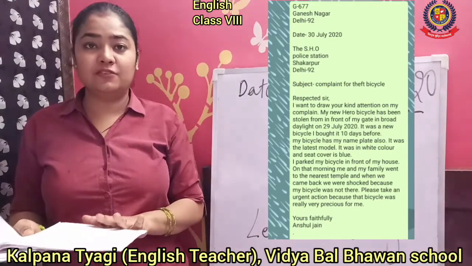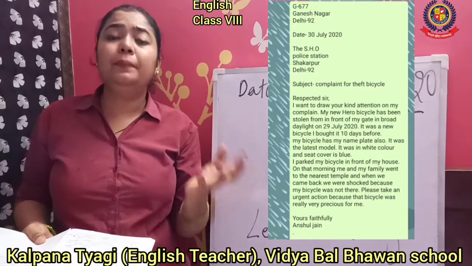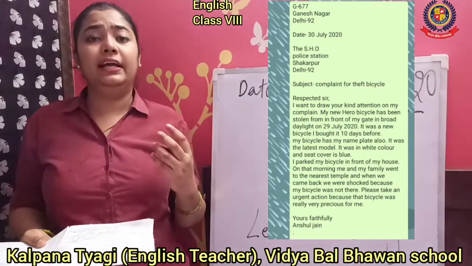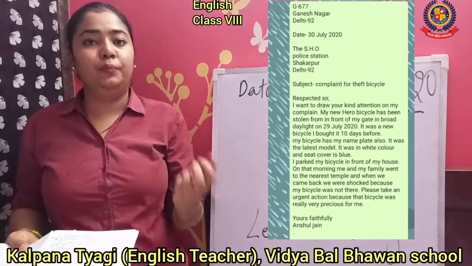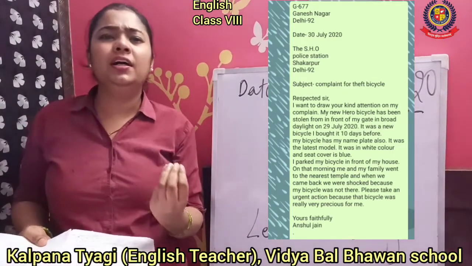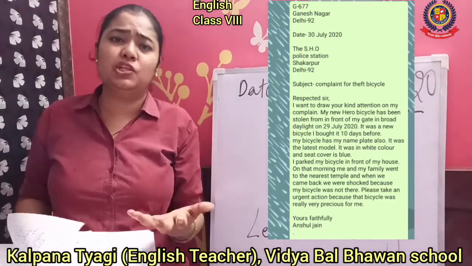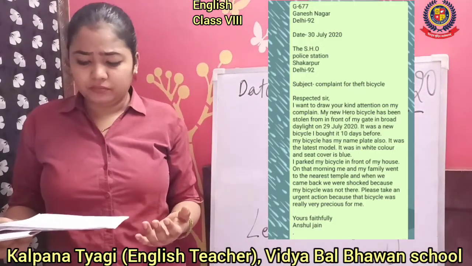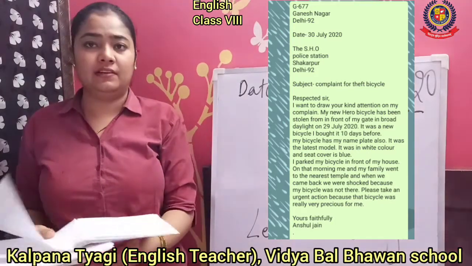Just like in the case of a bicycle, you write the color and the company of your bicycle. If you are writing about the theft of your motorcycle, then you have to mention the name, brand, any tattoo, any color, any type of display lights, something very special about your vehicle. You can also write about its color, seat cover, etc.